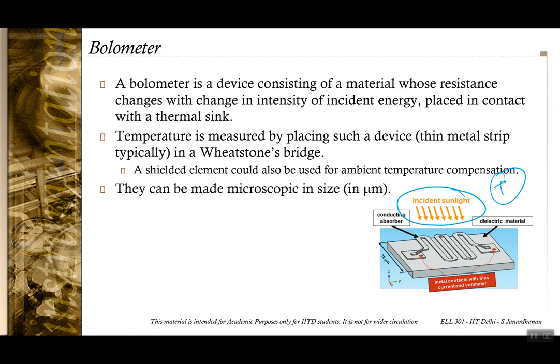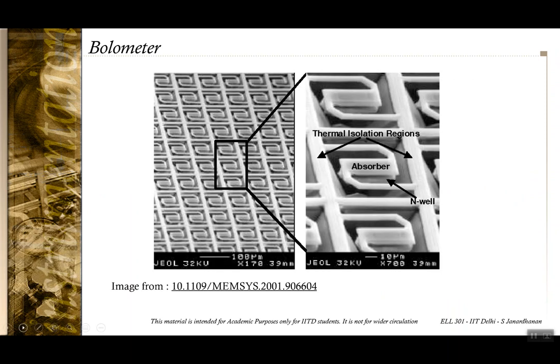The advantage of a bolometer is they are microscopic in size. So you see that they are a few micrometers in size, and because of this, they can be made into arrays.